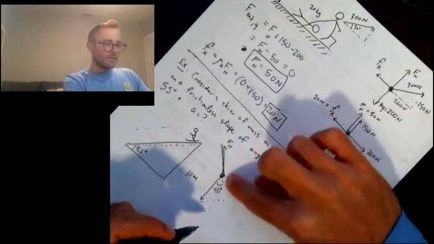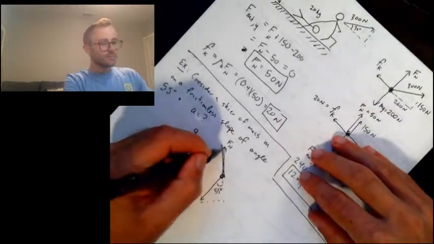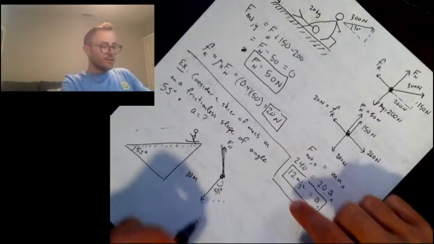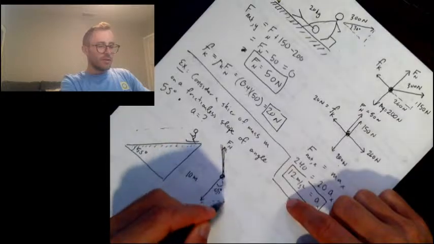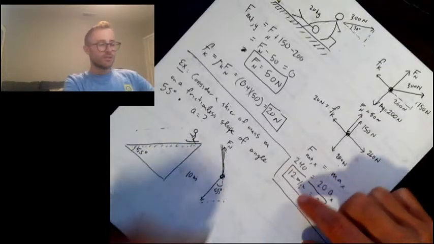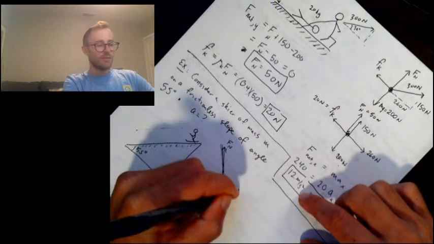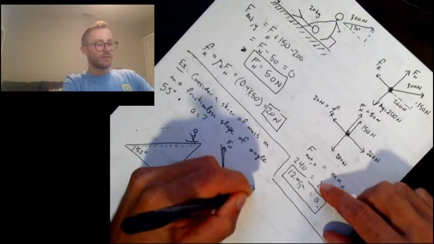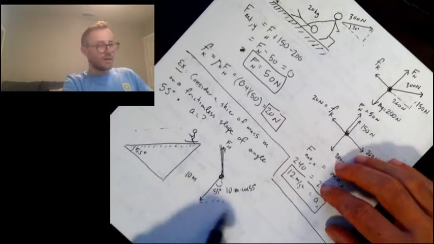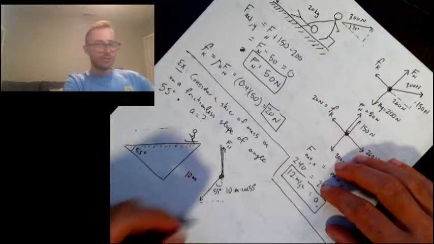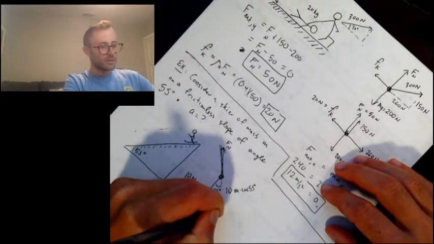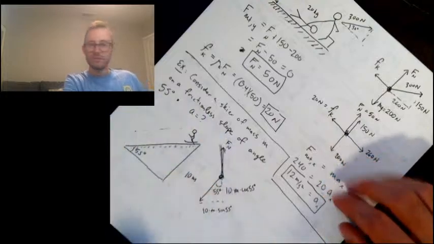So that means that the vertical component of this force is going to be 10 times m times cosine of 55 degrees. And the horizontal component of the force is 10 times m times sine of 55 degrees.